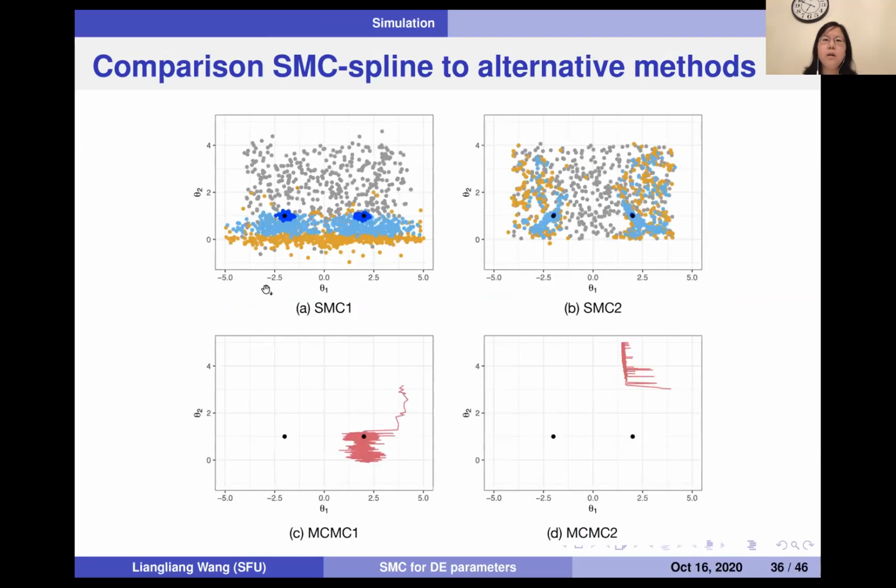So here is a comparison for the estimation for parameters theta 1 and theta 2 using the 4 methods. You have seen the performance of our method. It can find the 2 modes and cover the true parameters.